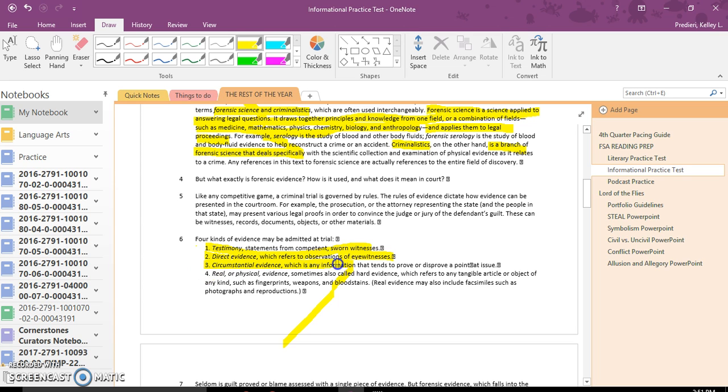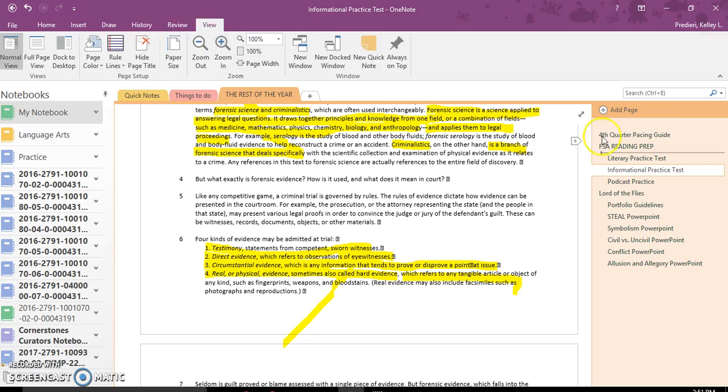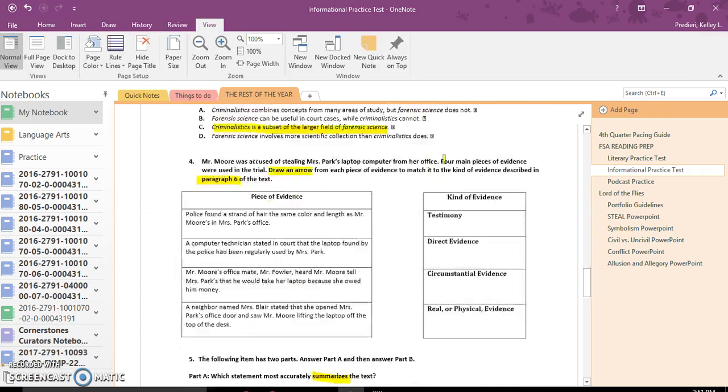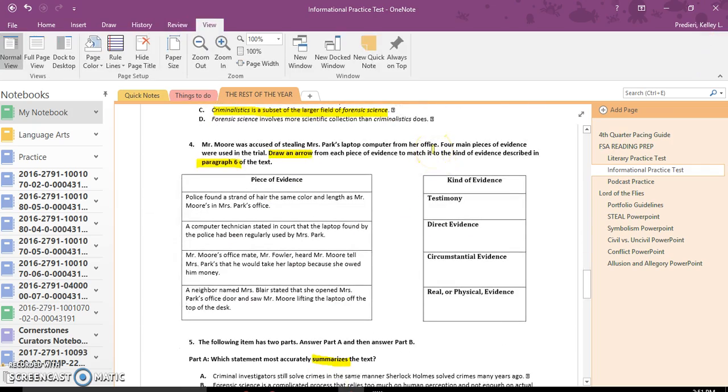Circumstantial evidence is any information that tends to prove or disprove a point at issue. Real or physical evidence, sometimes also called hard evidence, refers to any tangible article or object, so anything you can touch. Okay, so let's look at our pieces of evidence.